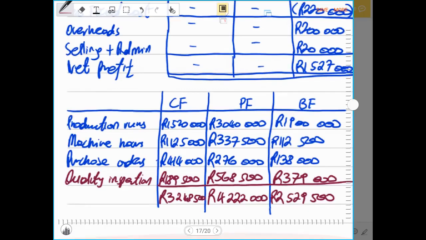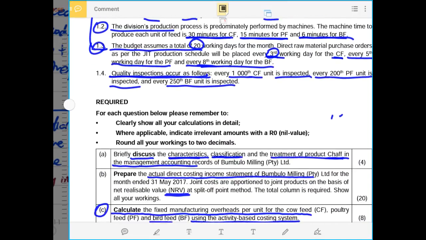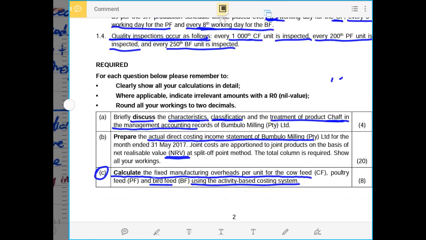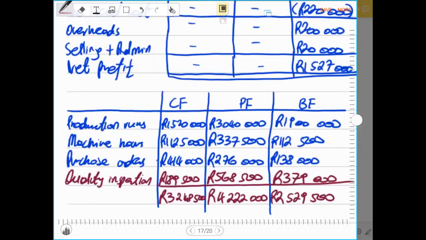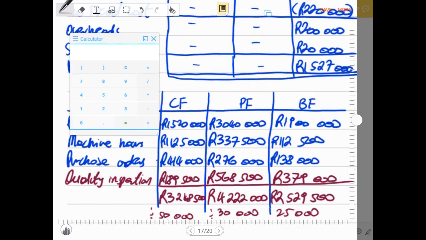Remember, we were required to calculate the fixed overhead per unit for the cow fat poultry, so it's supposed to be per unit. The cost we have here will have to be divided by 50,000, here by 30,000, and here by 25,000.